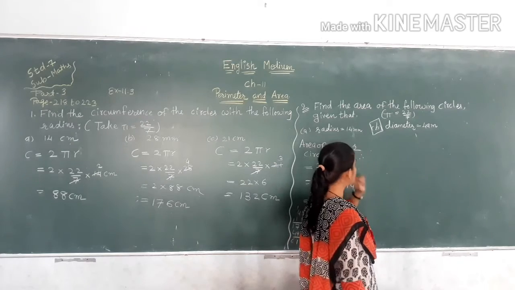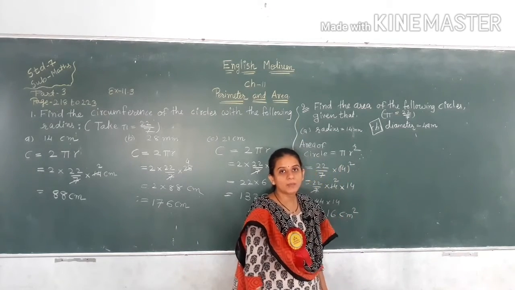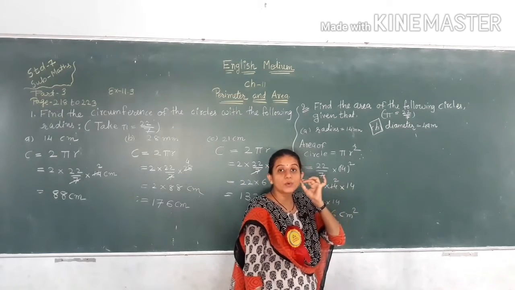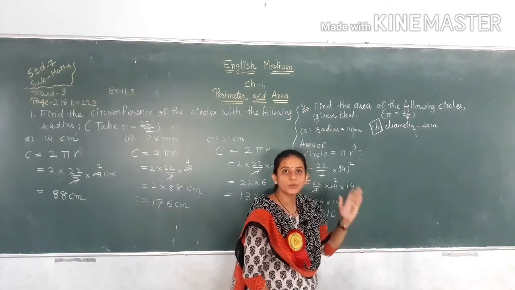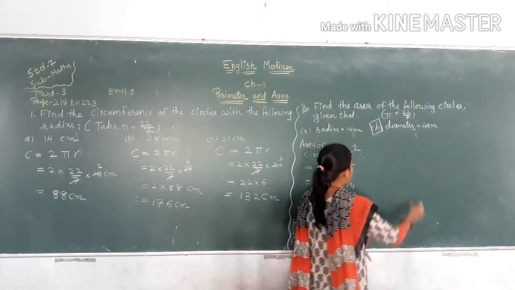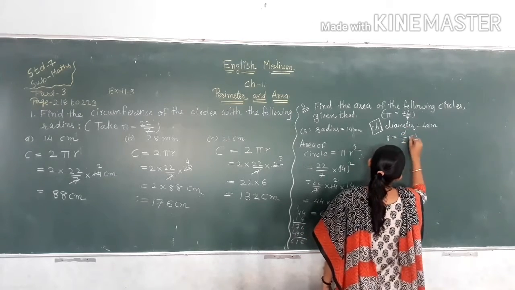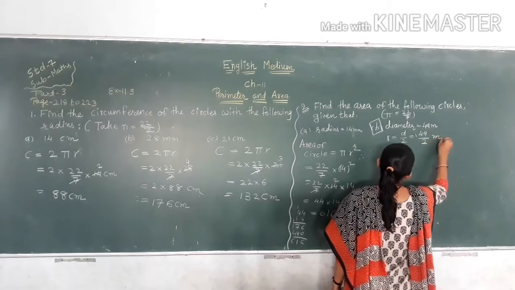Now next, the diameter is equal to 49 meter. You know the diameter of a circle is 2 multiplied by the radius, and the radius is equal to the diameter divided by 2. So here r is equal to d divided by 2, so 49 out of 2 meter.